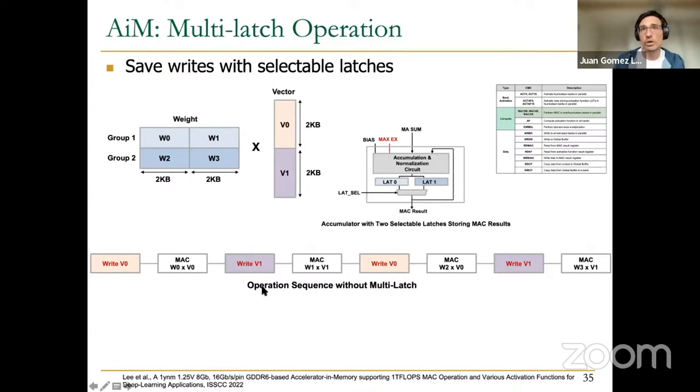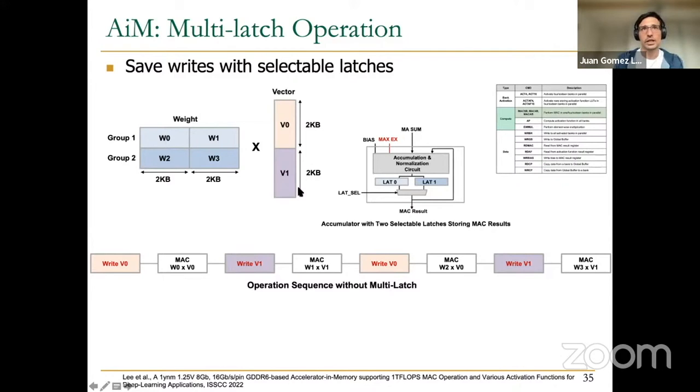In a normal system without this multi-latch feature, we would need to first write vector 0, then perform the multiply accumulate operation of the first part of this vector multiplied by this part of the weights.